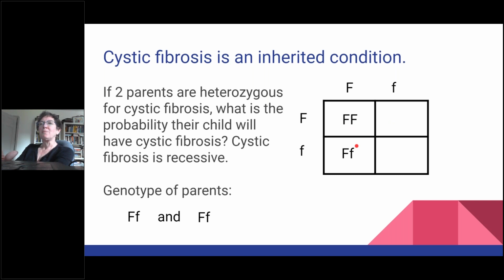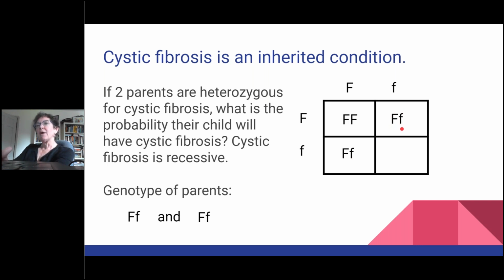Another possibility would be that they would have a child who did not have the condition because they've got this dominant F gene, but they do have a gene for cystic fibrosis. And if they had a child with someone else who had that gene, they could indeed pass that gene along to their child.